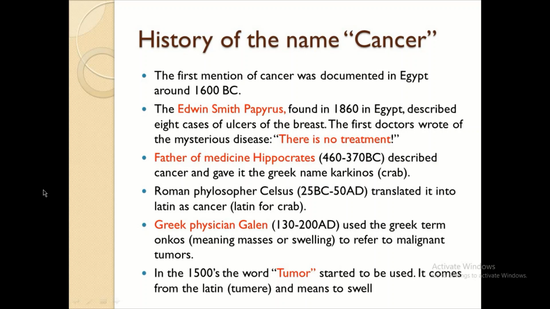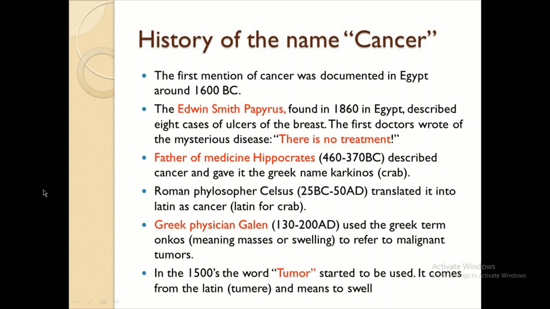Let us go back to the history of the name cancer, how they named it cancer. The first mention of cancer was documented in Egypt around 1600 BC, before Christ was born. The Edwin Smith papyrus, found in Egypt, described 8 cases of ulcers of the breast, but they are not sure what it is.